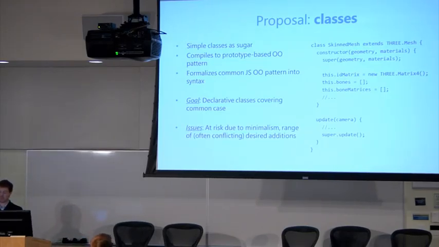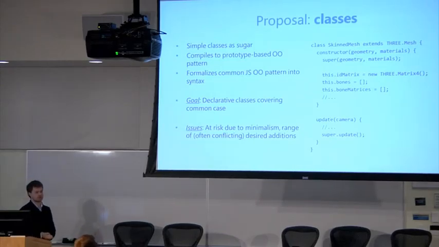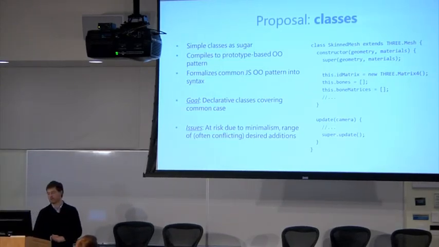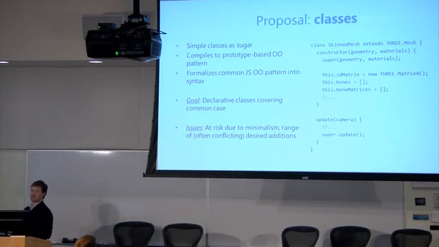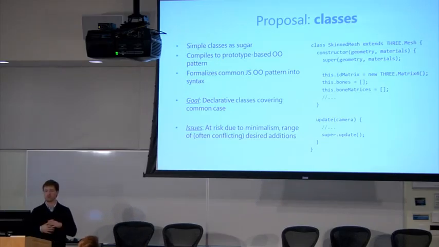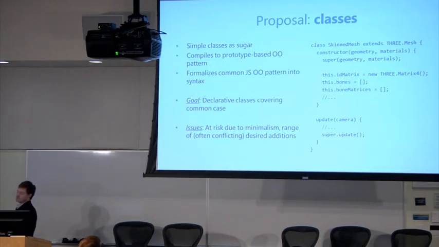The classes in the ECMAScript 6 proposals today are being referred to as maximally minimal. They're trying to be as minimal as possible, just a simple sugar over what people are doing in JavaScript all the time, while still providing enough value to be useful for a broad range of use cases.